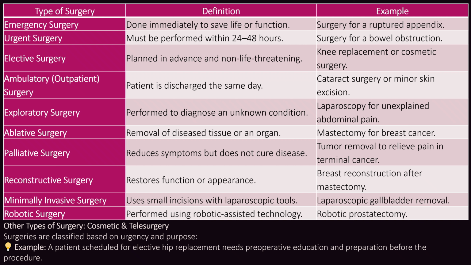Urgent surgery is a surgery for a bowel obstruction. Elective is knee replacement or cosmetic, so it's planned in advance. Ambulatory outpatient, the patient is discharged on the same day: cataract surgery or minor skin incision.